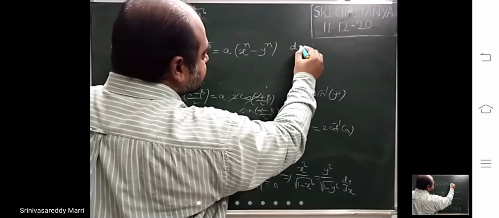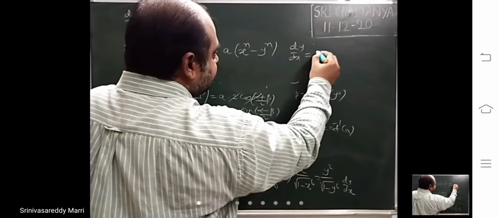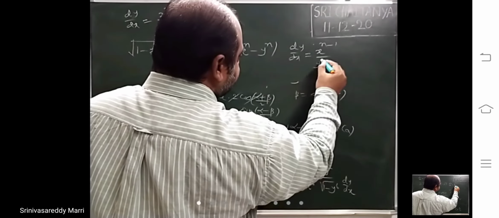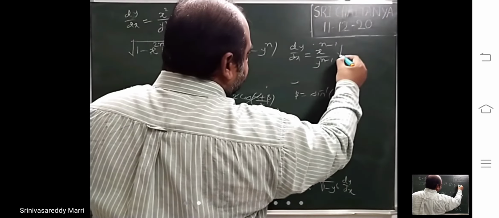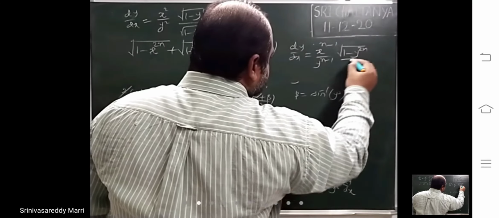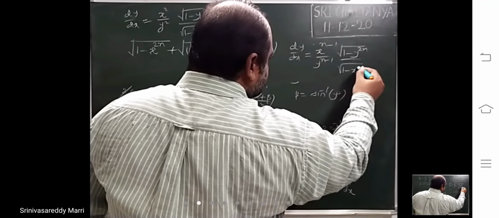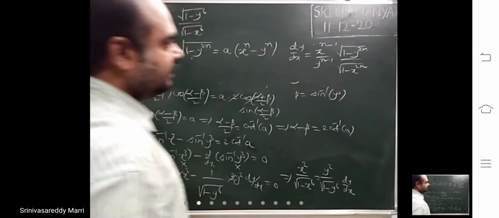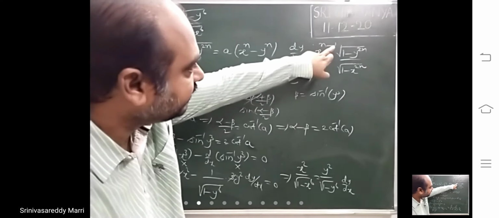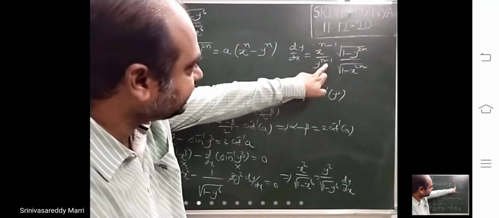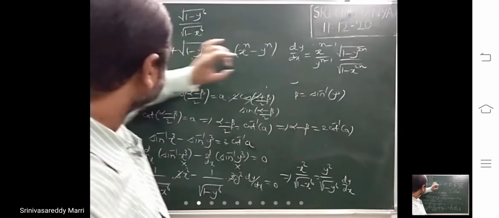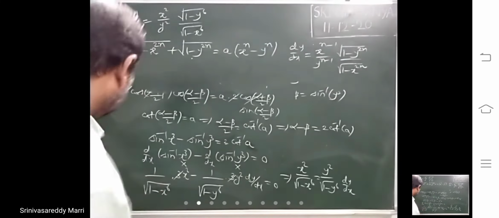The shortcut is dy by dx equals x power n minus 1 divided by y power n minus 1 into, directly, you will get this root, this root.